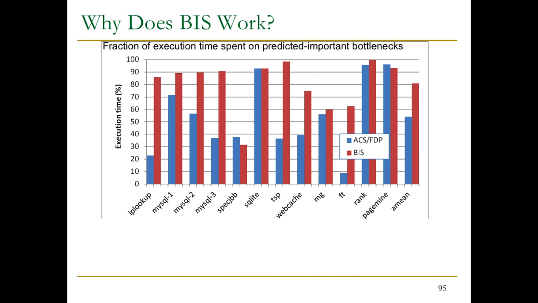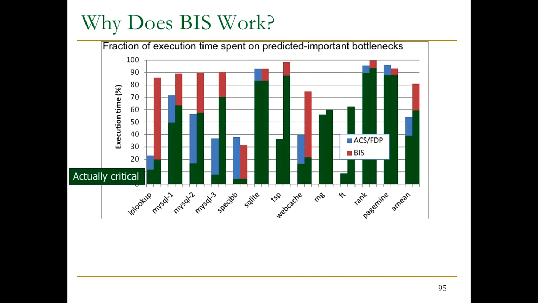So if you actually run your program backward, after you have an execution, and if you trace backward, you can figure out what threads are on your critical path, right? So if you go back and try to map whether or not you're accelerating those threads that are on your critical path, you find that these are the actually critical portions of the execution time that are mapped to the large core.